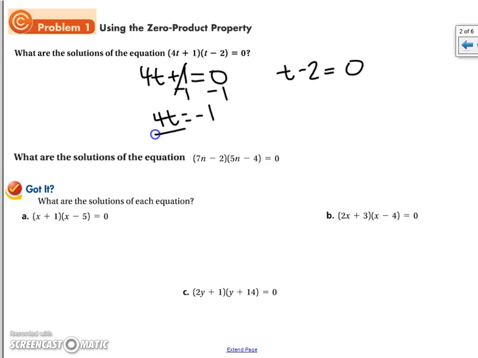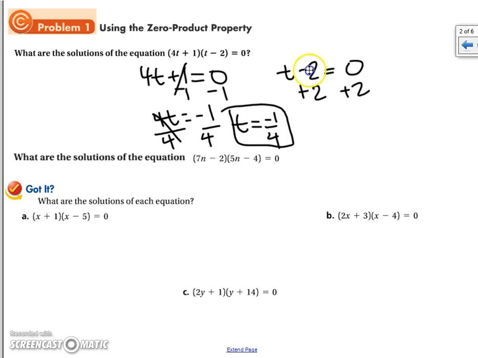Then we divide both sides by 4, and we get t equals negative 1/4. On the other one, we add 2 to both sides. The left side cancels out, and we are left with t equals 2. So our two solutions in this one are t equals negative 1/4 and t equals 2.